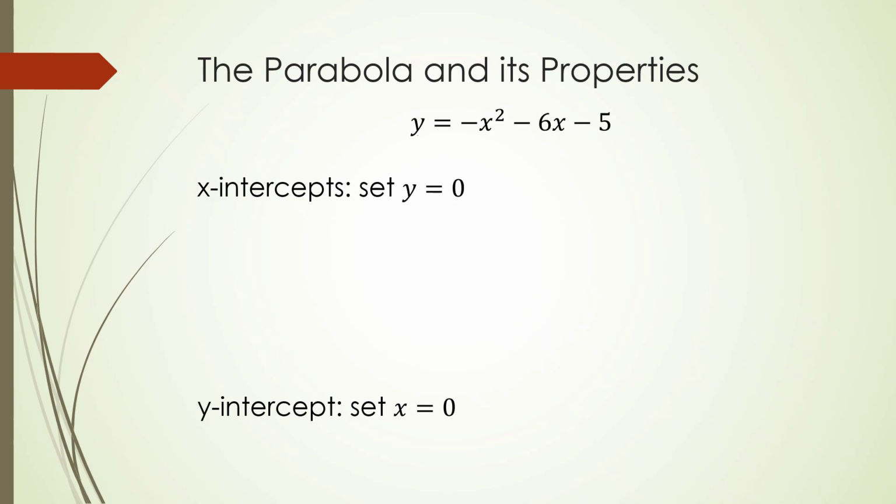Okay, I will rewrite it again. y is equal to negative of x squared plus 6x plus 5. Now, to get the x-intercepts, you have to set y equal to 0. Therefore, we have 0 is equal to negative of x squared plus 6x plus 5, or you can rewrite this as negative x squared plus 6x plus 5 equals 0.